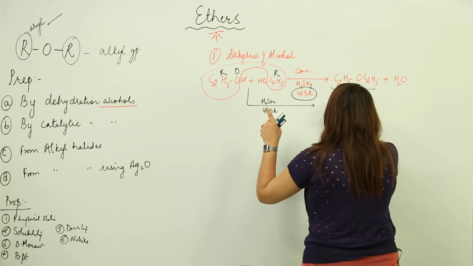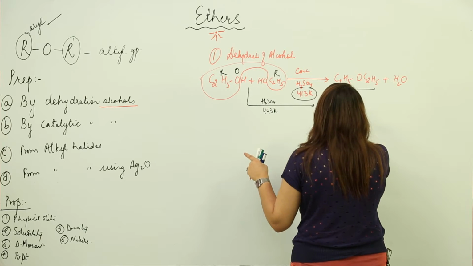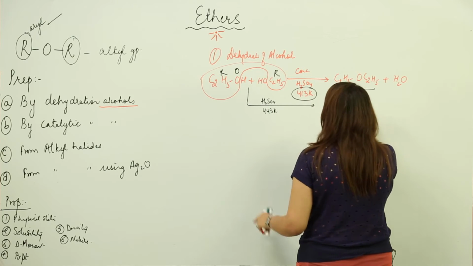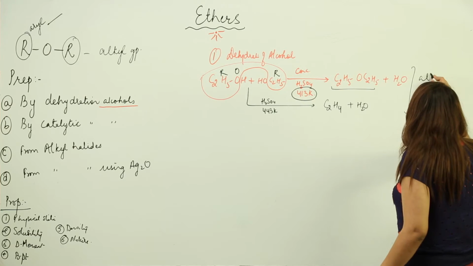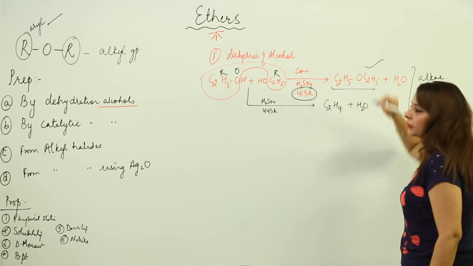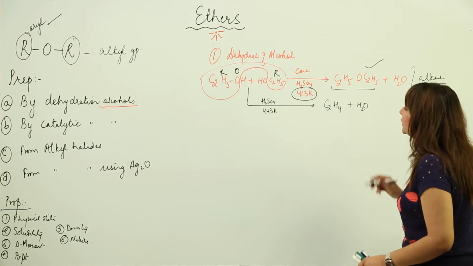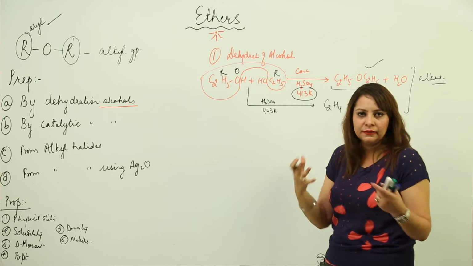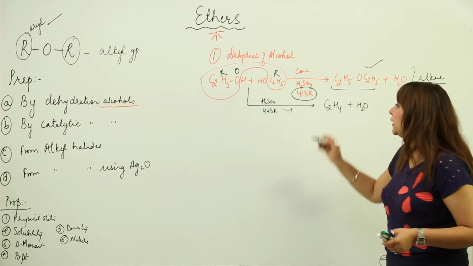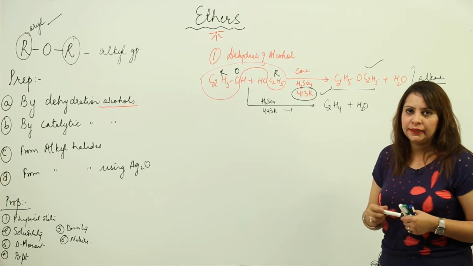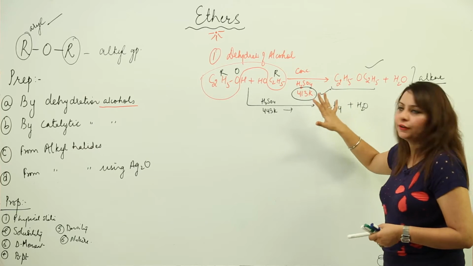Then the water molecule may get eliminated and it may form the alkene. So in this reaction there is a chance of formation of alkene along with the ether. In that case you need to take the alcohol in greater amount, and moreover you need to take care of the temperature, because the temperature should not exceed 413 Kelvin. So this is dehydration of alcohol.